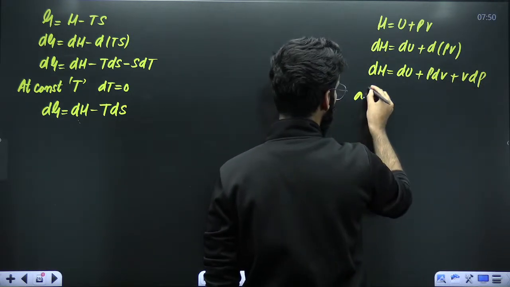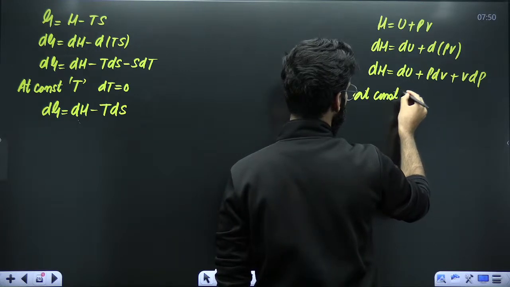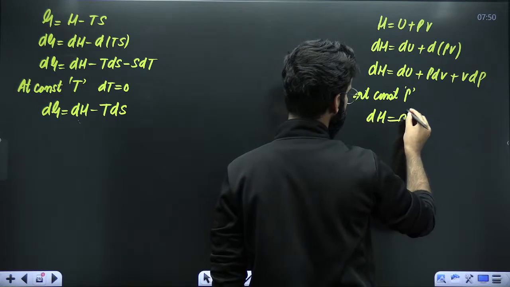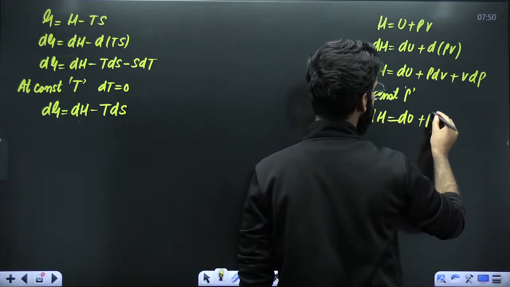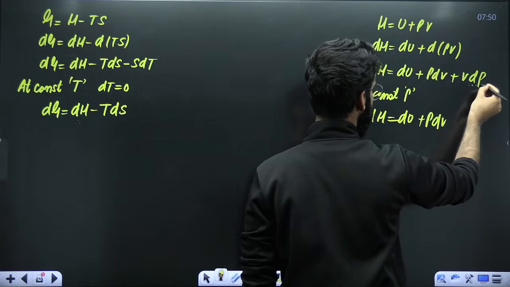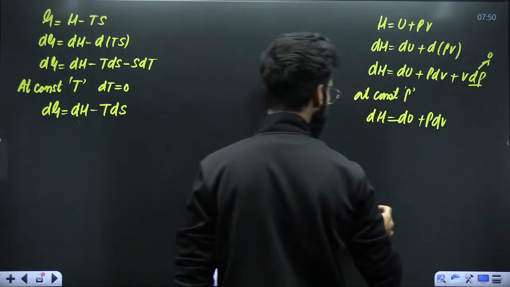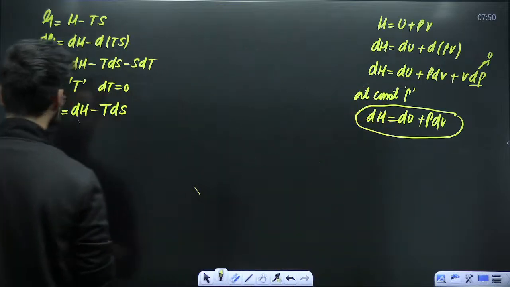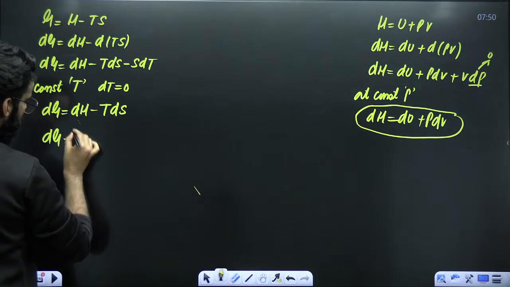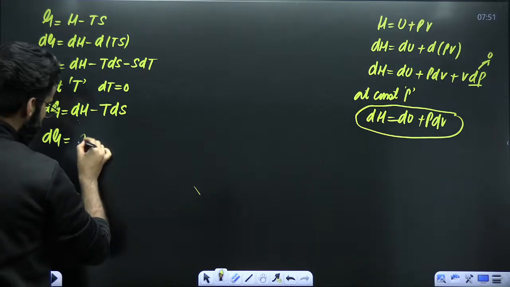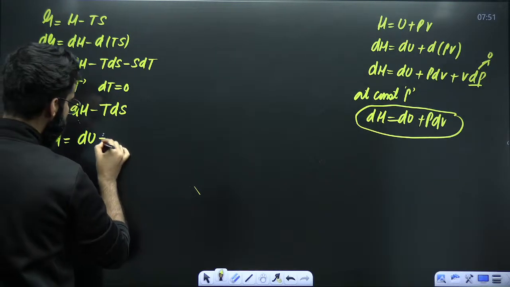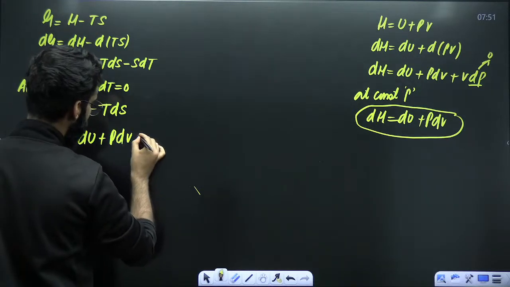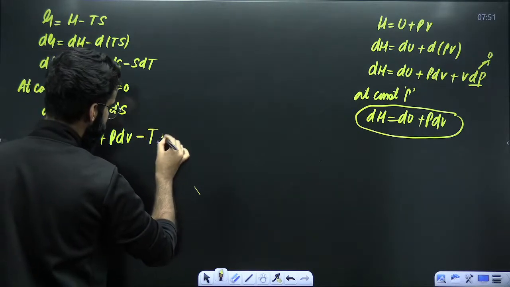If I write the same equation at constant pressure, dP is 0, so dH is equal to dU plus PdV. So I can say dG is equal to dU plus PdV, and already there was minus TdS.